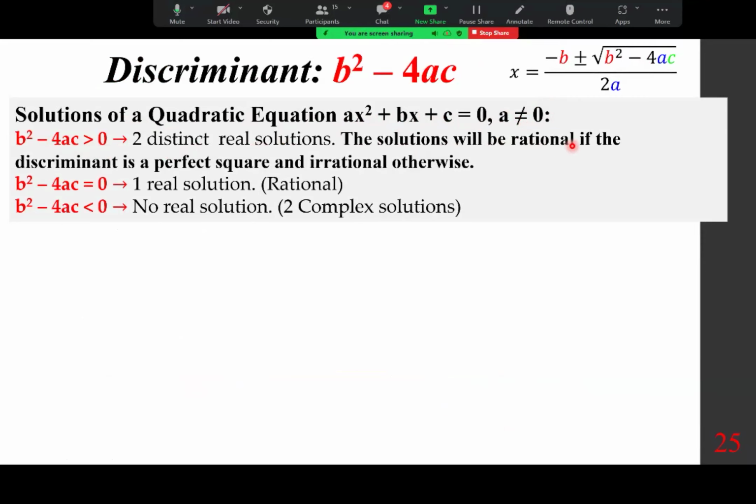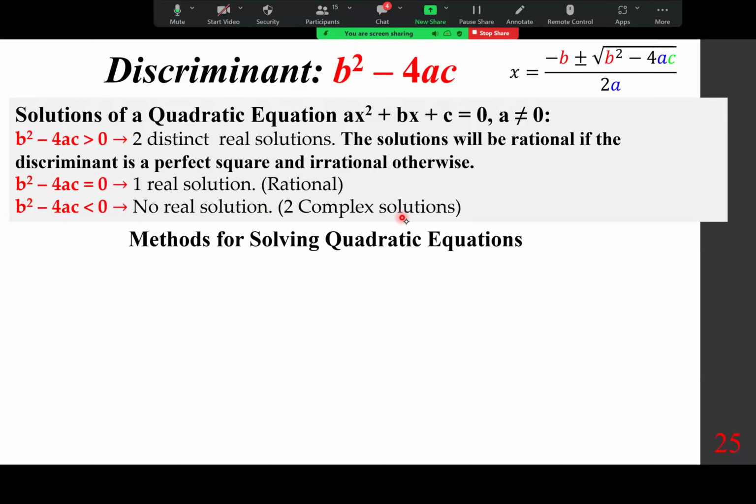The solutions will be rational if the discriminant is a perfect square and irrational otherwise. When b squared minus 4ac equals 0, there is one real solution, rational. Double root, they call it sometimes. When b squared minus 4ac is less than 0, no real solution, two complex solutions or imaginary solutions.